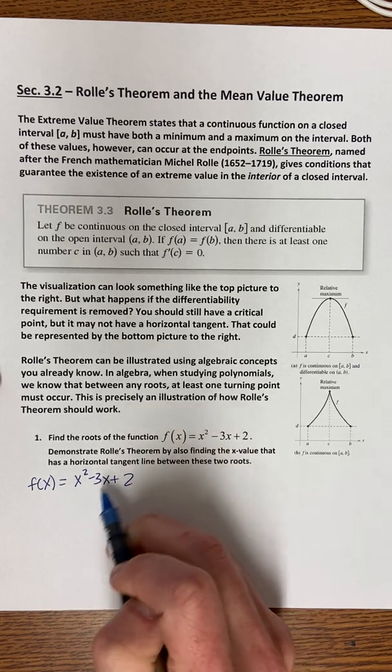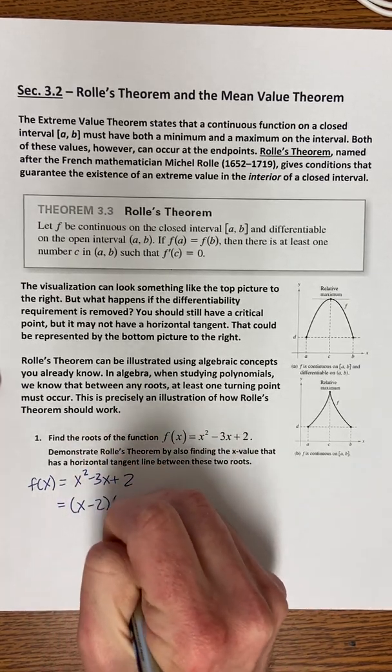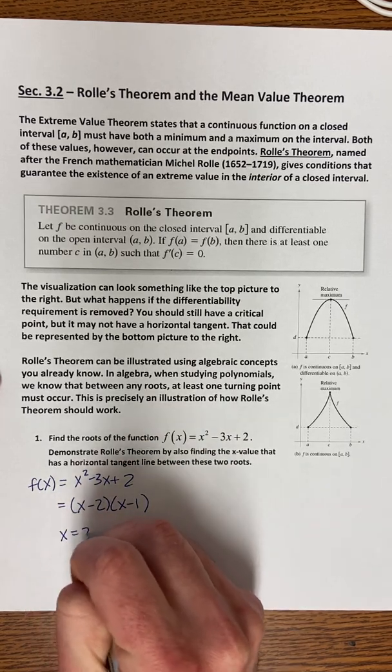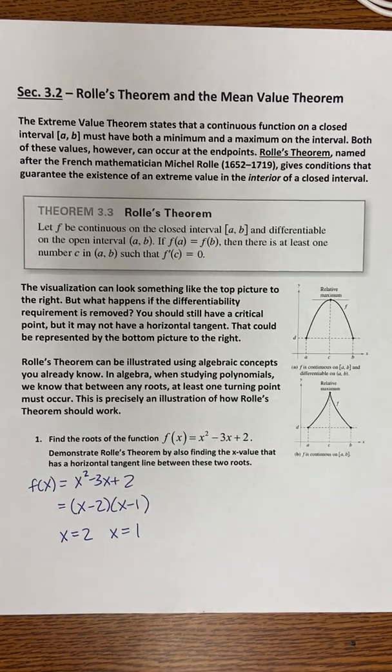We're looking for two numbers that multiply to 2 that add to negative 3. So it should be x minus 2 and x minus 1, which means we have zeros of x equals 2 and x equals 1. That means that there should be a point in between 1 and 2, an x value between 1 and 2, where the derivative is 0.